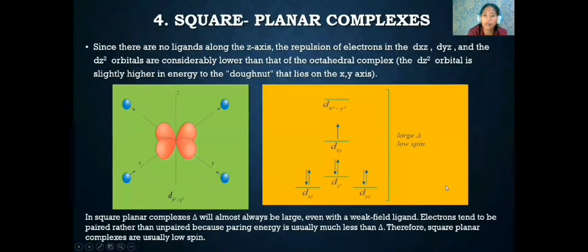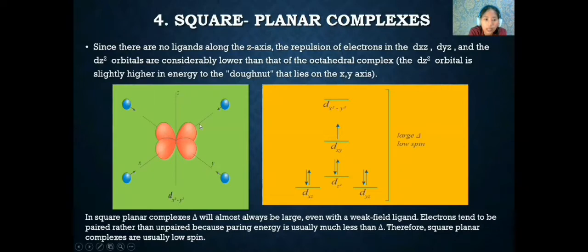Sorry. All right, so we have now the square planar complexes. Since there are no ligands along the z-axis, the repulsion of electrons in the dxz, the dyz, and the dz squared orbitals is considerably lower than that of the octahedral complex. So the dz squared orbital is slightly higher in energy than the donut that lies on the xy axis.